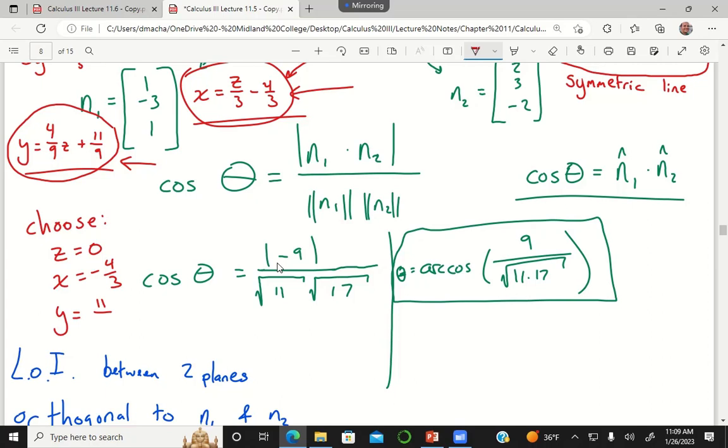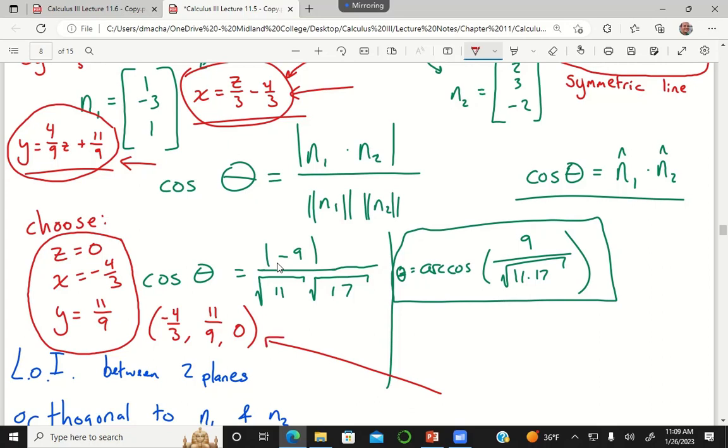No, take it back. My y value will be 11/9 according to this equation. And that means this point has to lie on my line of intersection, and so the point negative 4/3, comma 11/9, comma 0. This point is on my line of intersection.